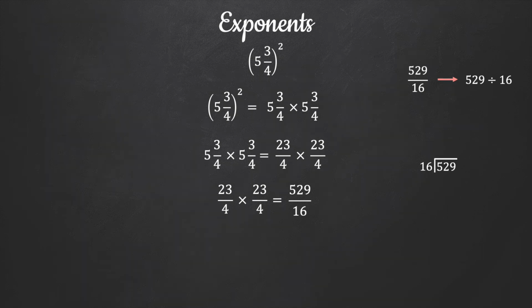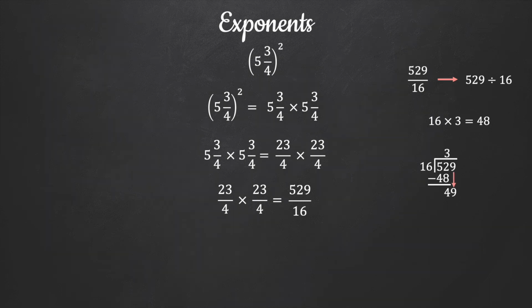We ask ourselves, how many times does 16 go into 5? Well, it doesn't. So then we ask ourselves, how many times does 16 go into 52? 16 goes into 52 3 times because 16 times 3 is equal to 48. We're going to go ahead and subtract. 52 minus 48 is equal to 4.